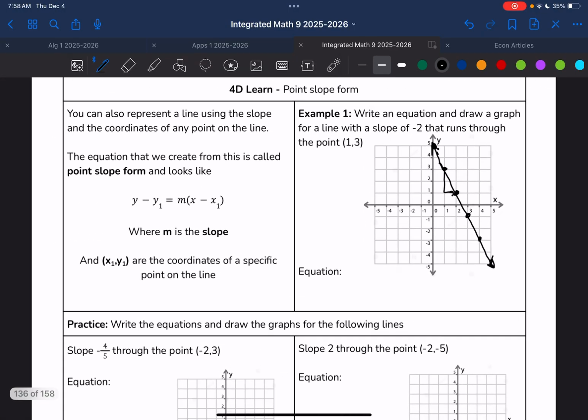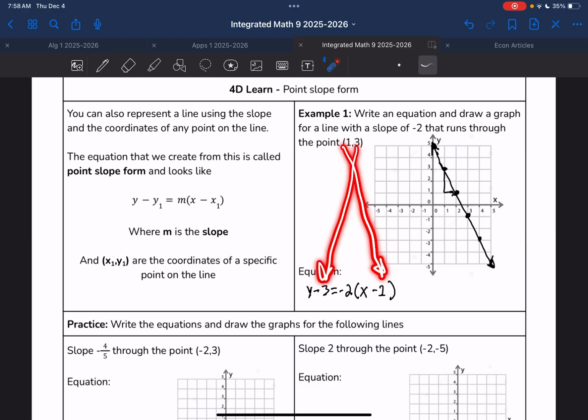So in this case, we would write y minus y1, which is 3, is equal to the slope, which is -2, times x minus x1, which is 1. So once again, you have x1, y1 being mapped onto 1, 3, and therefore showing up in our equation like that, keeping the slope the same.